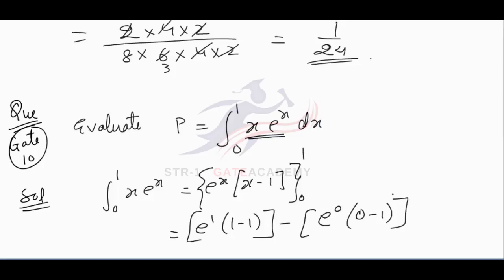This part is not going to give you anything. This will become 0 minus minus 1, so ultimately it will become 1. That's your answer. Clear? That is how to solve these kinds of problems.